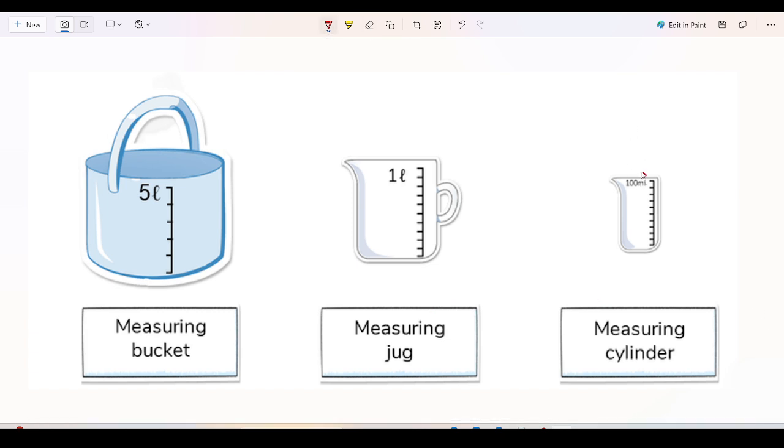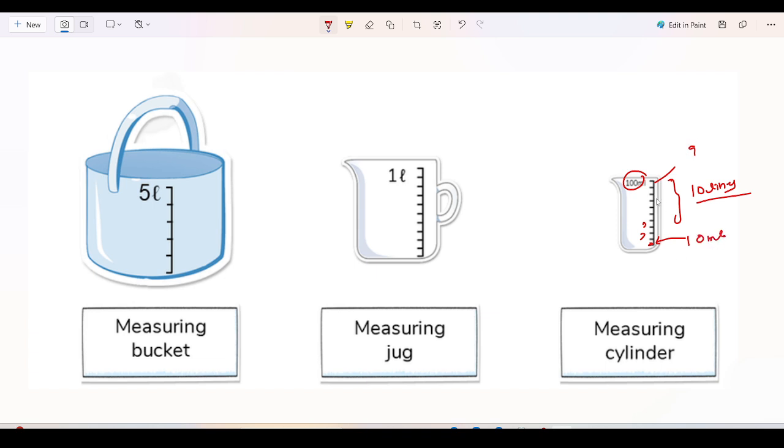This is of 100 milliliter, and there are 10 lines. So how much is the first line representing? There are total 10 lines, so it would be 10 milliliters.